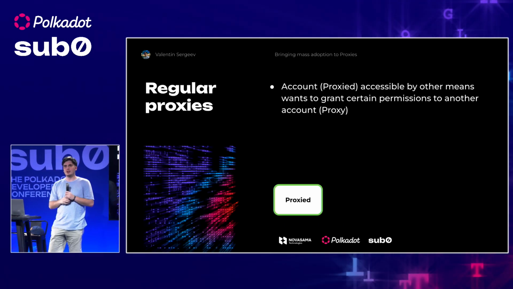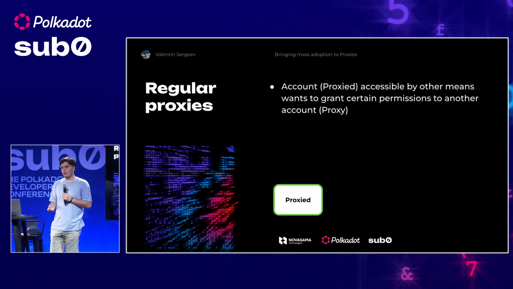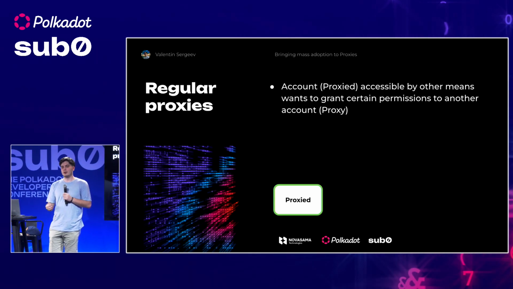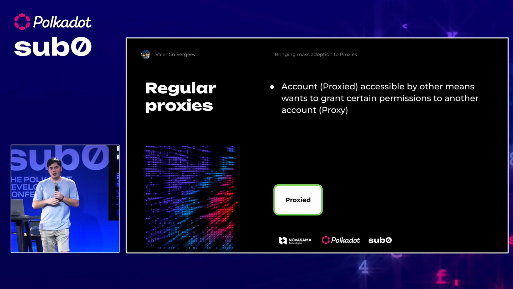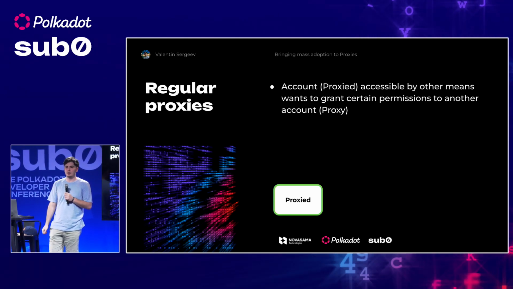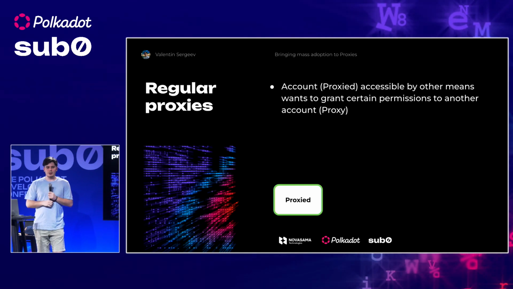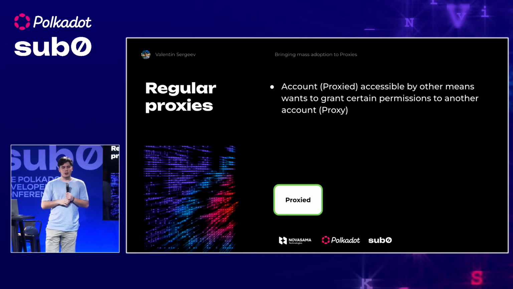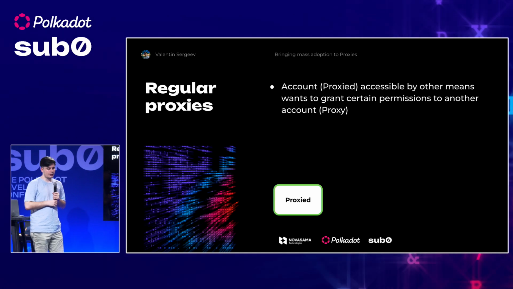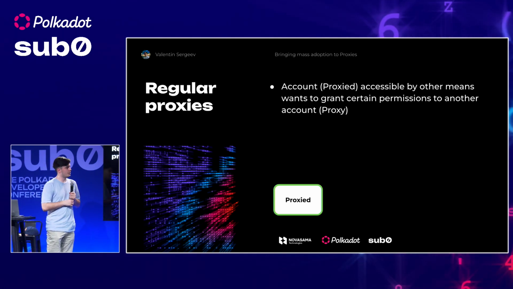Regular proxies are probably what you would think of if I told you to imagine granting rights to someone. It's like I have access to my account and I want to give certain permissions to another account to execute on my behalf. So let's look at the whole flow of how we'll actually set up such a connection and execute proxy transactions.